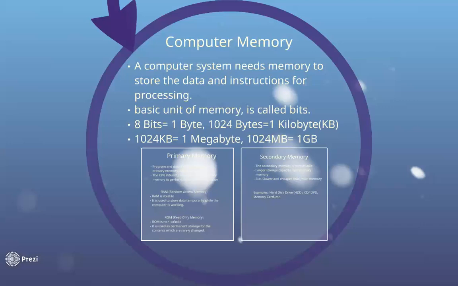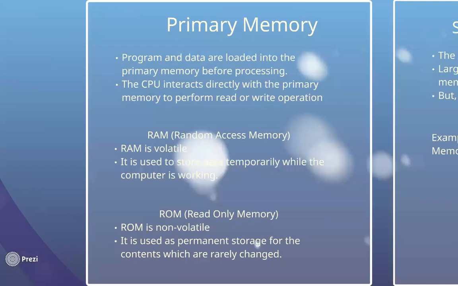Computer memory is of two types. First one is primary memory. Primary memory is the one which directly interacts with CPU. Program and data are loaded into the primary memory before processing. CPU interacts directly with the primary memory to perform read or write operations.